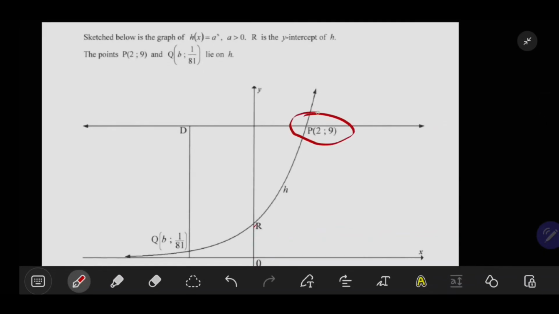We can see point P here, and we also have point Q here that lies on our graph h. So this is our graph that we are given. It has points Q and P and also point R, which is the y-intercept of our function.